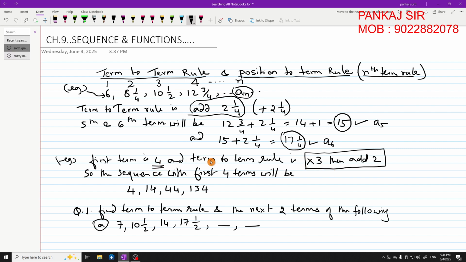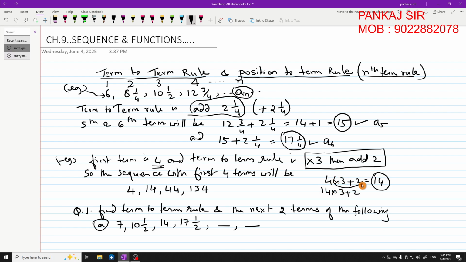Now to 4, if you multiply by 3 and add 2, it will be 4 times 3, that is 12, plus 2, that is 14. So this 14 should be the next term, that is the second term. So can you see 4 becomes 14. 14 will become 44 by the same rule, that is 14 multiplied by 3 plus 2.